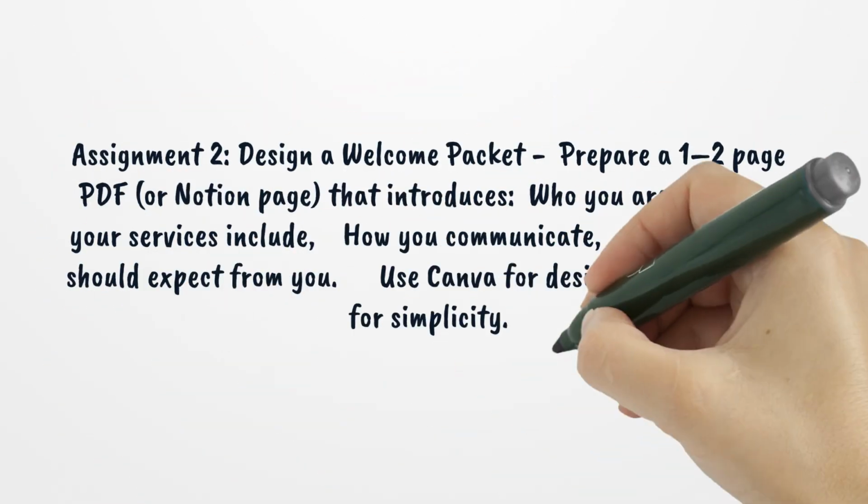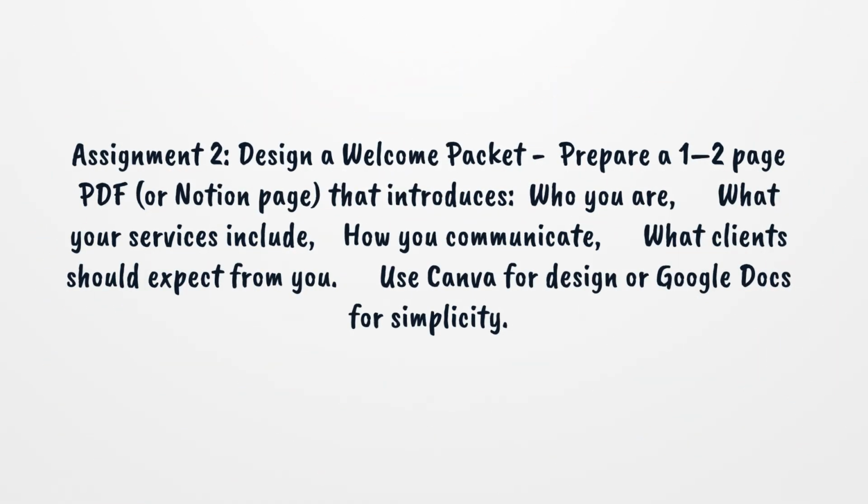Assignment 2: Design a welcome packet. Prepare a 1 to 2 page PDF or Notion page that introduces who you are, what your services include, how you communicate, and what clients should expect from you. Use Canva for design or Google Docs for simplicity.